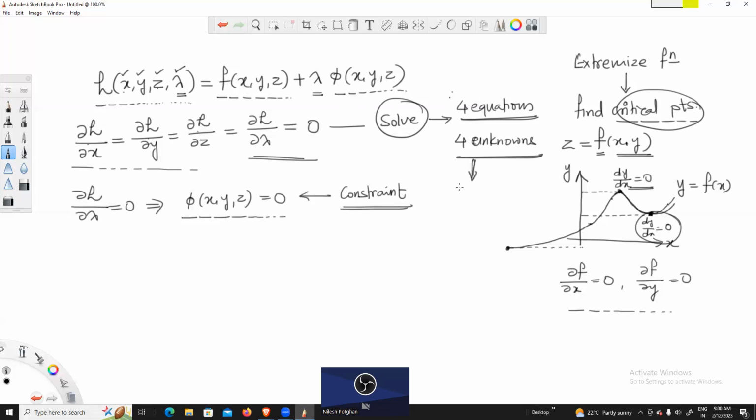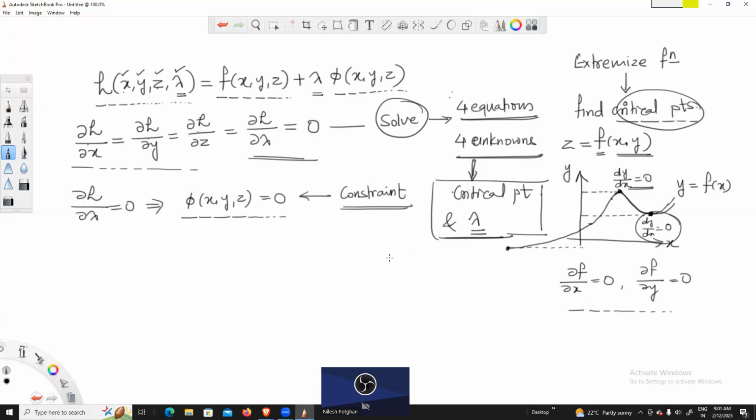You'll get from this a critical point, and lambda as well. So by solving, we are able to find the value of Lagrange multiplier. So if we use in the function f of x comma y comma z this critical point, we are able to find the extremum value of the function.